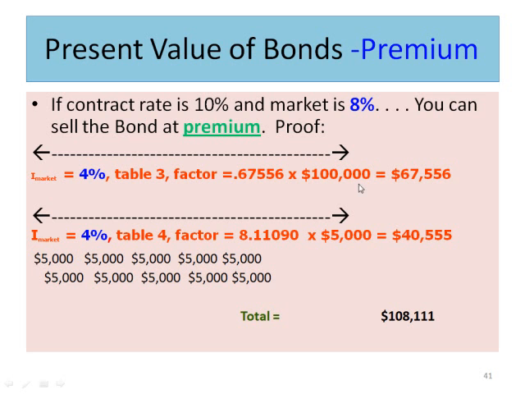So we get 0.67556 times 100,000 equals 67,556. We multiply the 5,000 by the new factor of 8.11090, and we get $40,555. Adding these two together, you get 108,111. And that will be our selling price for this bond.